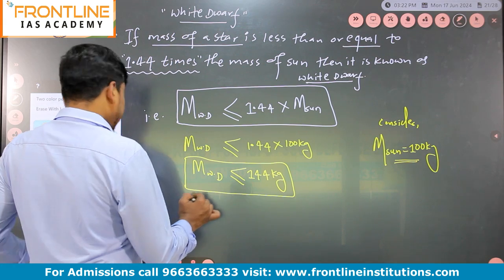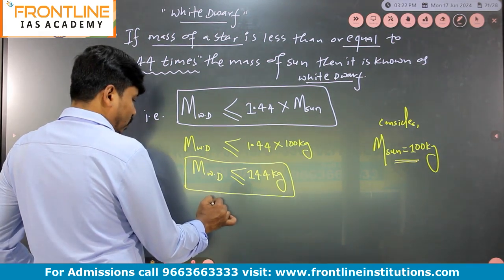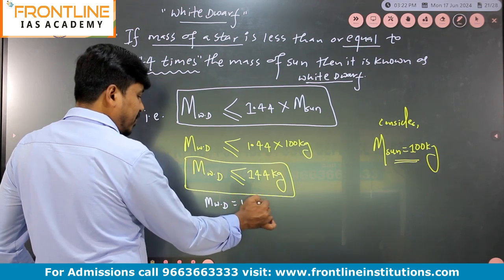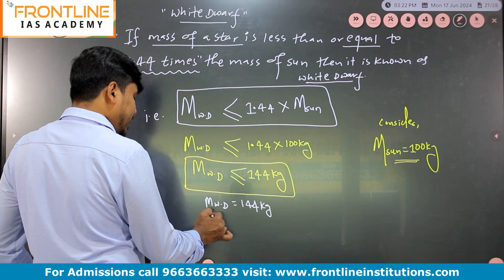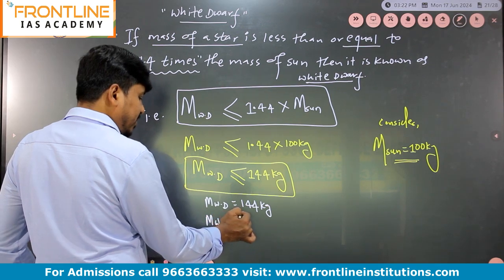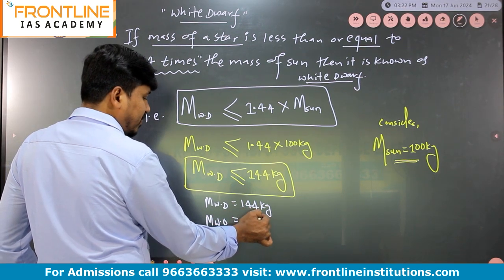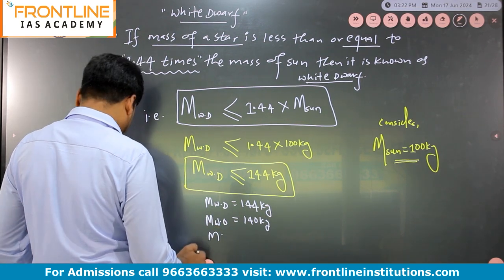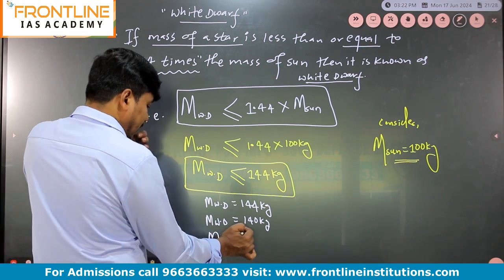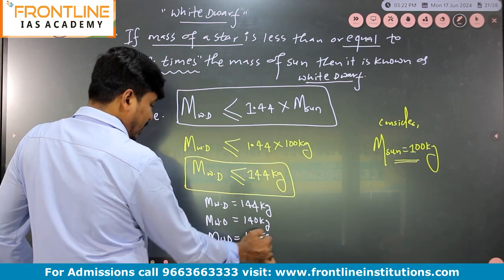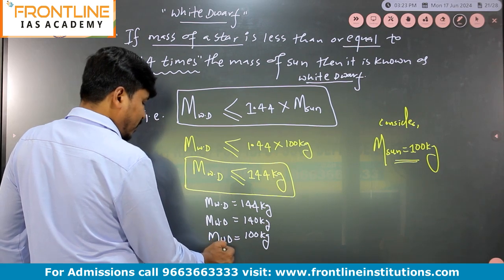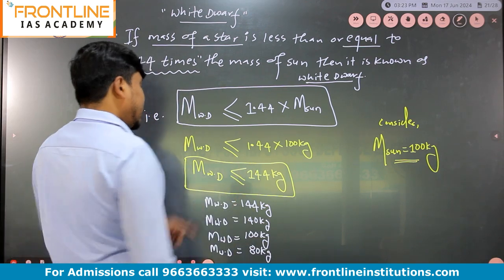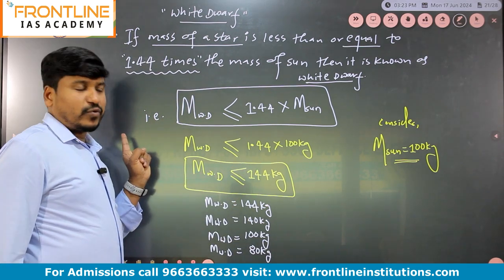The mass of a white dwarf can be 144 kg, or 140 kg, or 100 kg, or 80 kg, because the equation is less than or equal to 144 kg.